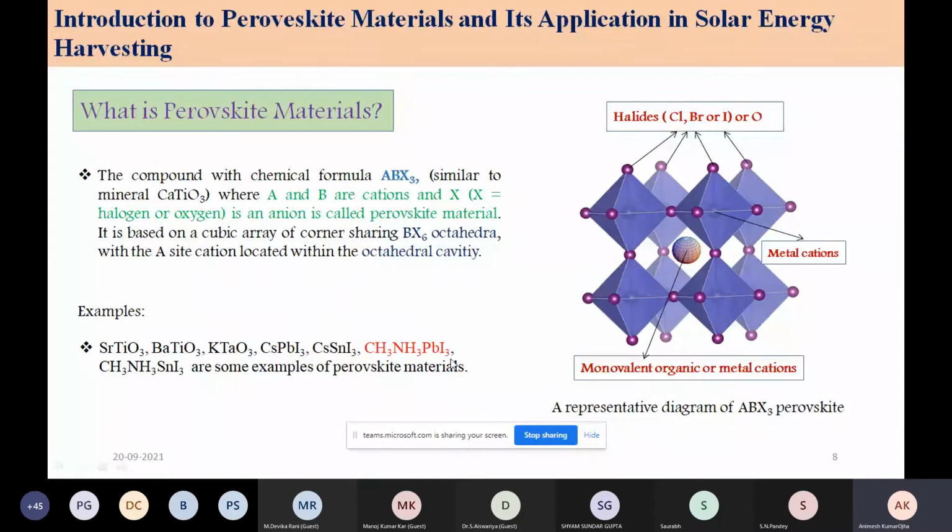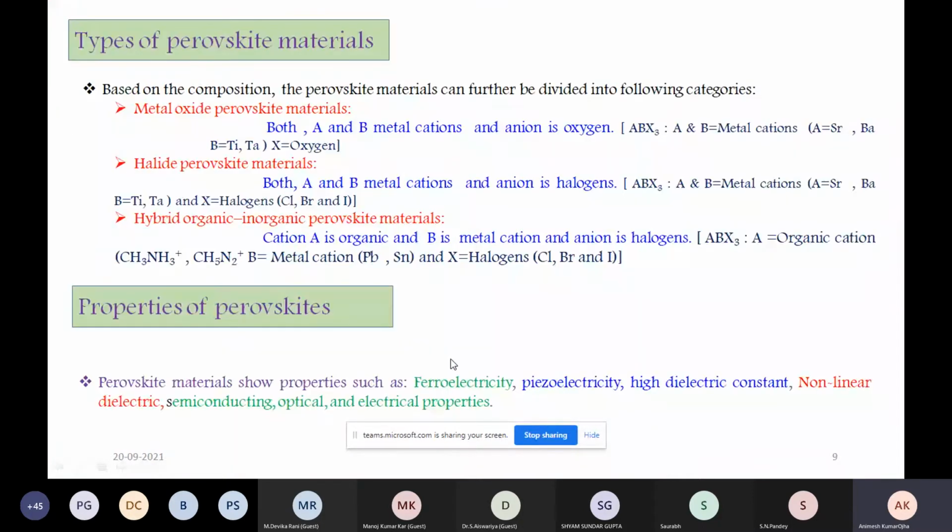Okay. So based on its composition, the perovskite material is divided into several categories, where in the metal oxide perovskite material, A and B both are metal cations and X is oxygen. For halide perovskite materials, A and B are the metal cations, and the anion here is halogen.